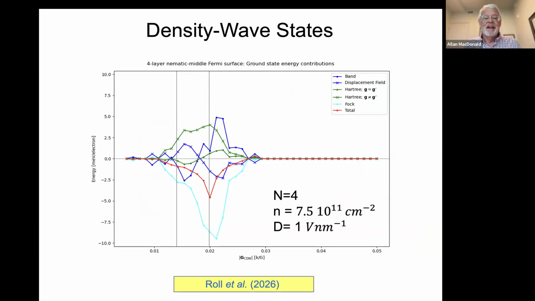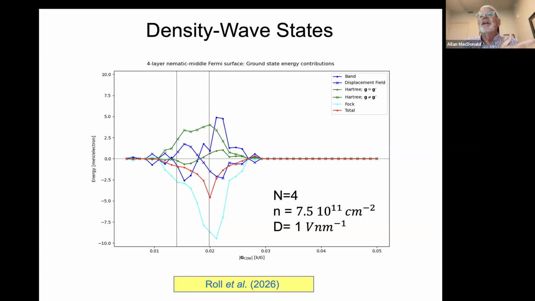Maybe I'll just mention this briefly. It's very likely, there's indirect evidence, that density wave states occur in many parts of the phase diagram.